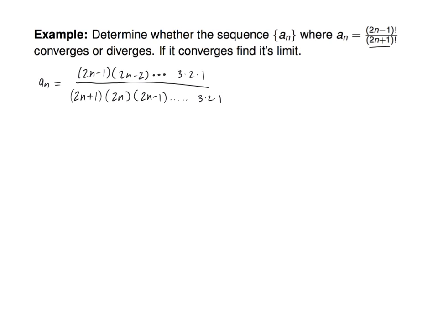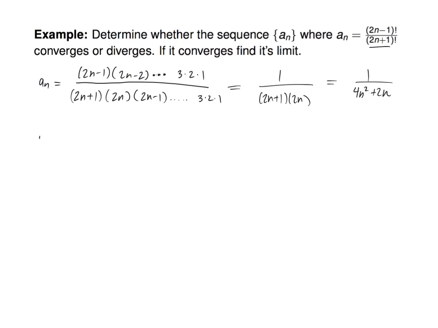Oh, they cancel. Yeah, bunches of stuff cancels, except for the 2n plus 1 and the 2n. We're left with 1 over 2n plus 1 times 2n, which is the same thing as 1 over 4n squared plus 2n. Do you agree with that?